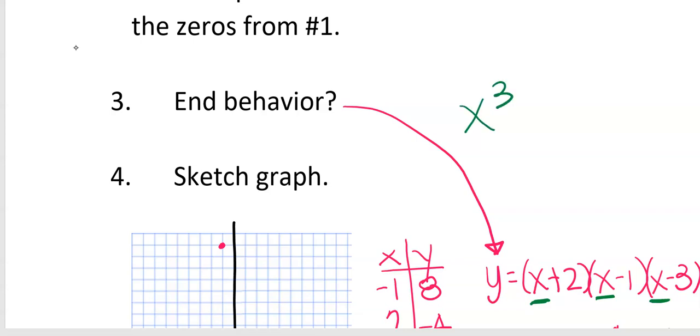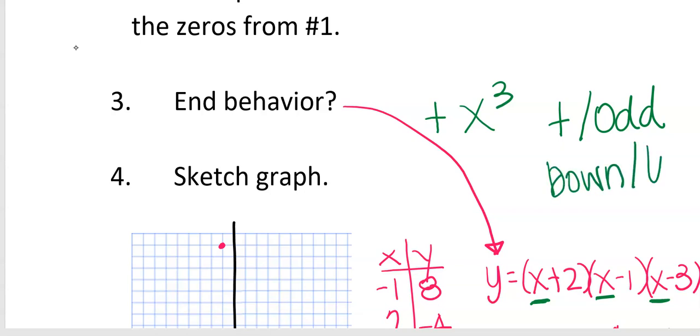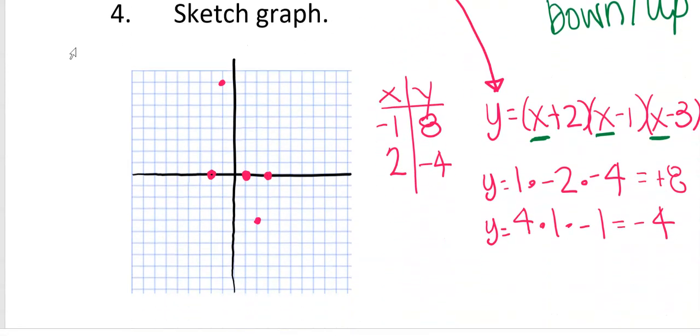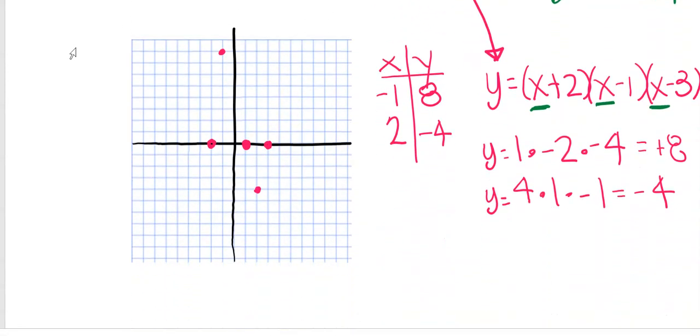And it would be positive since all of them are positive. So here we have an equation that is positive and odd. So you're going to have a down-up scenario. So we are going to draw these in now. We're going to try to make them kind of smooth.